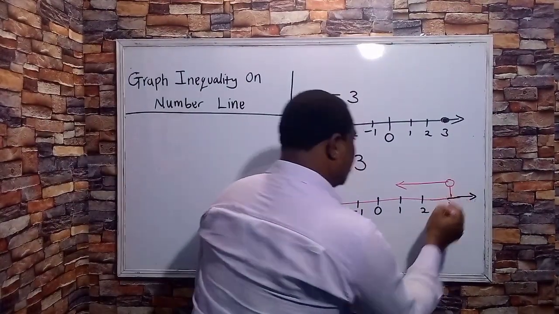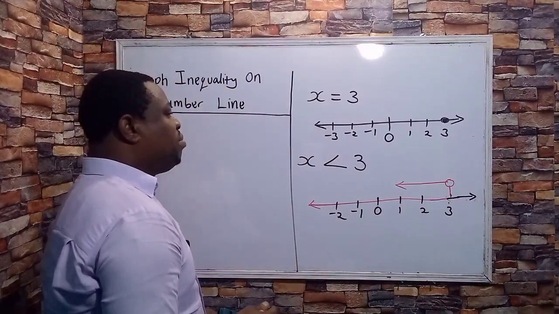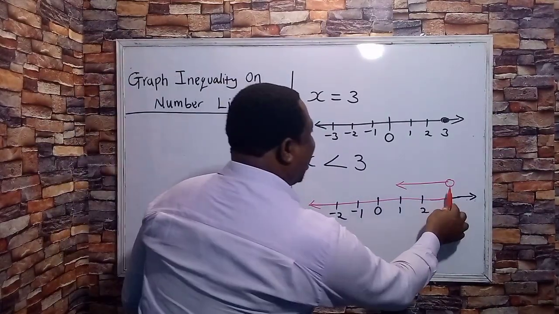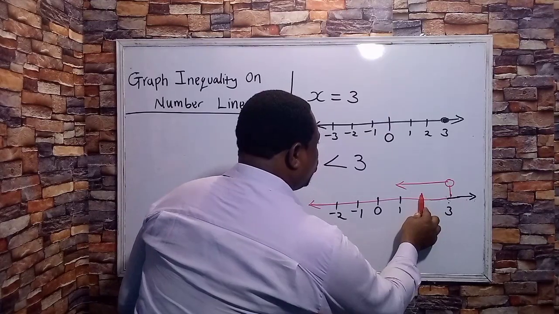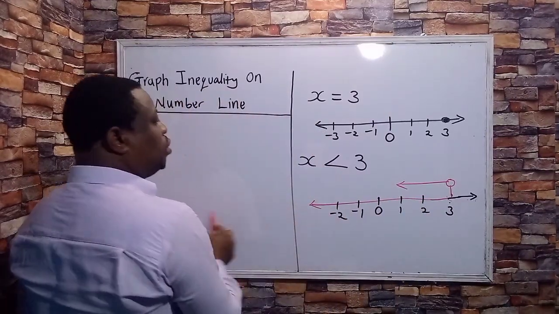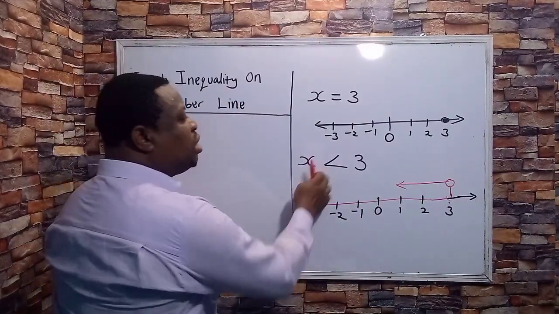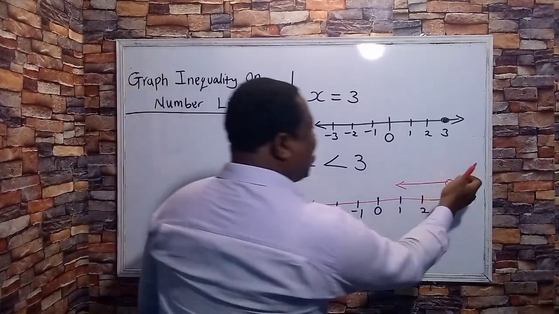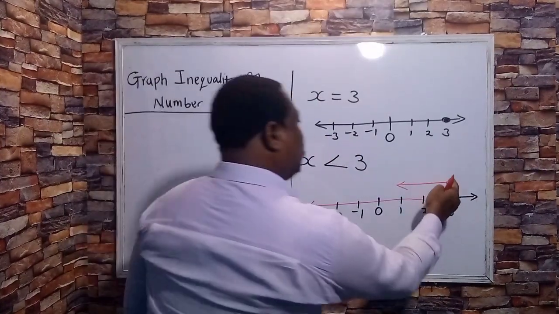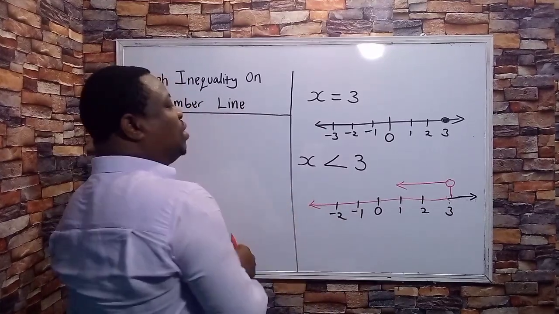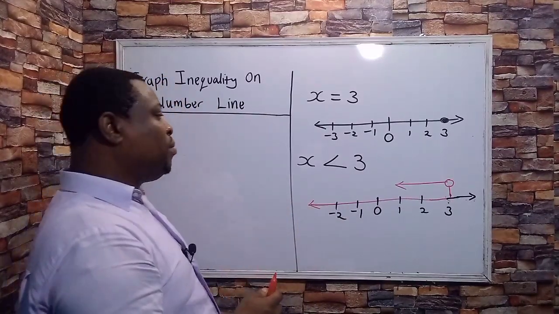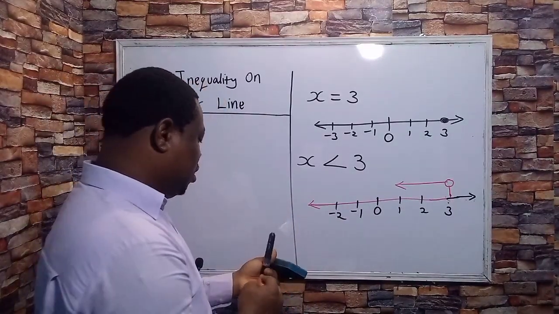Now what does it mean? It means that all the values from 2 downwards are what this inequality represents. Any number from here is greater than 3, but from here downward they are all less than 3.